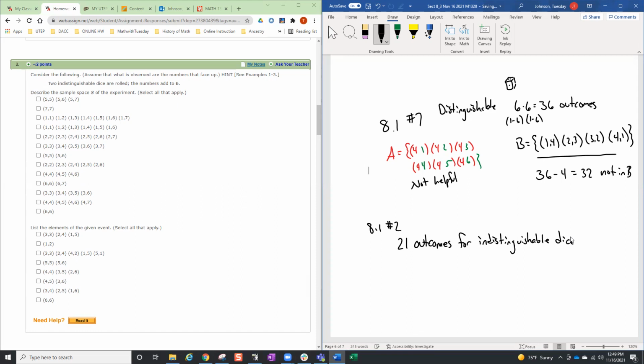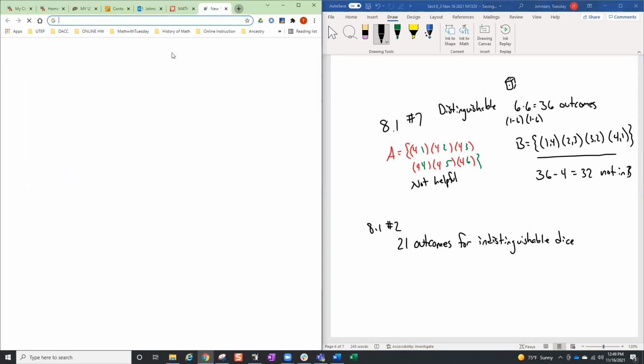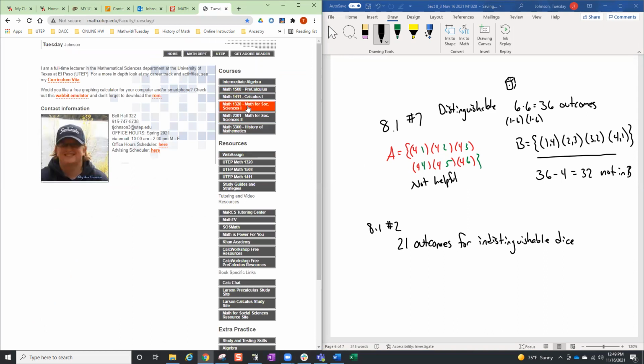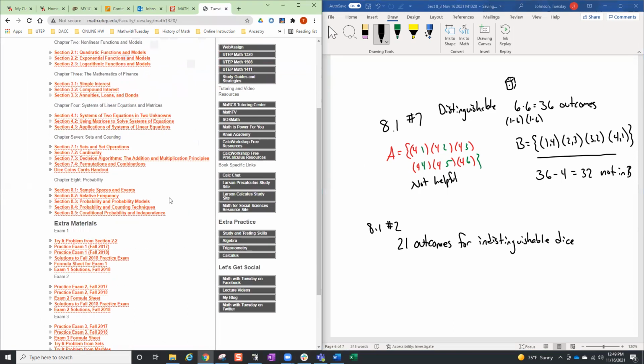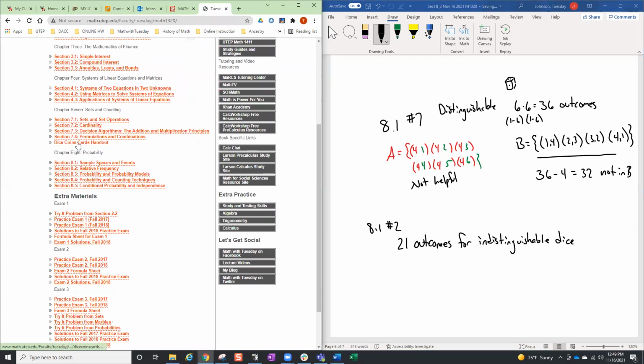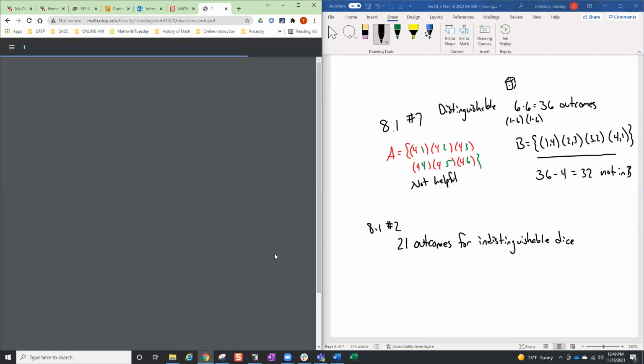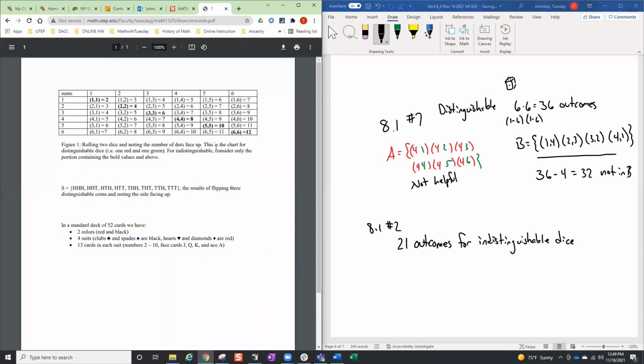And probably the easiest way I can show that to you is on my website at our class. I have this fancy handout called Dice Coins Cards that I need to update now that we live in a colorful world and not handouts of black and white. This whole chart is distinguishable, and this is where we see all 36 of them.